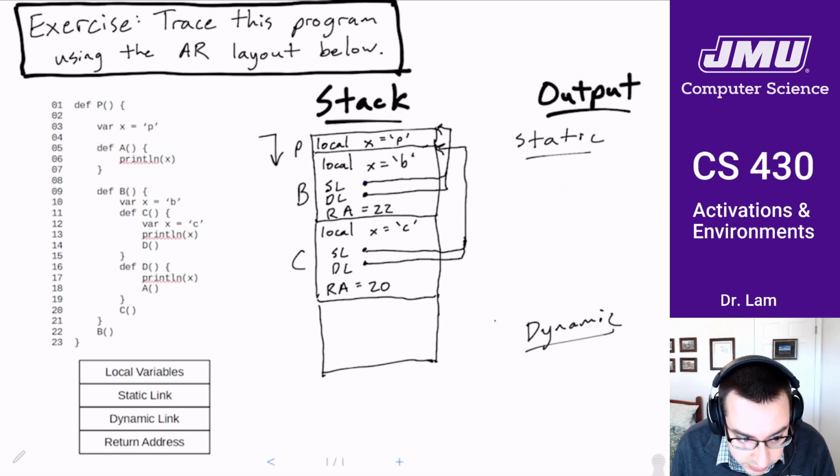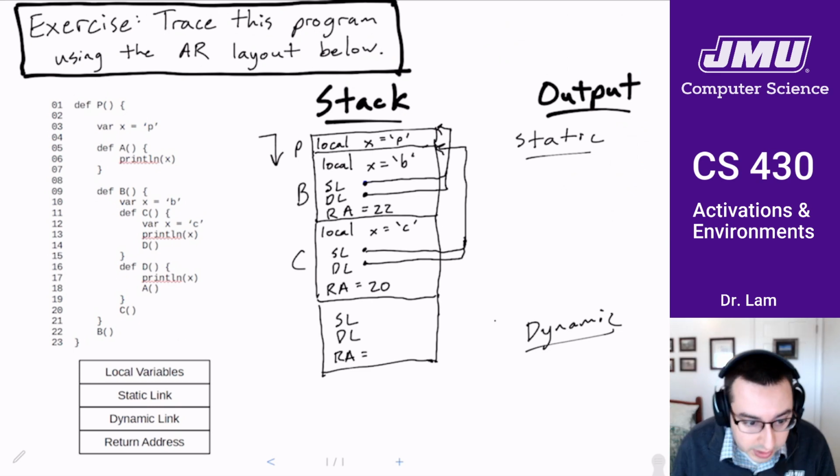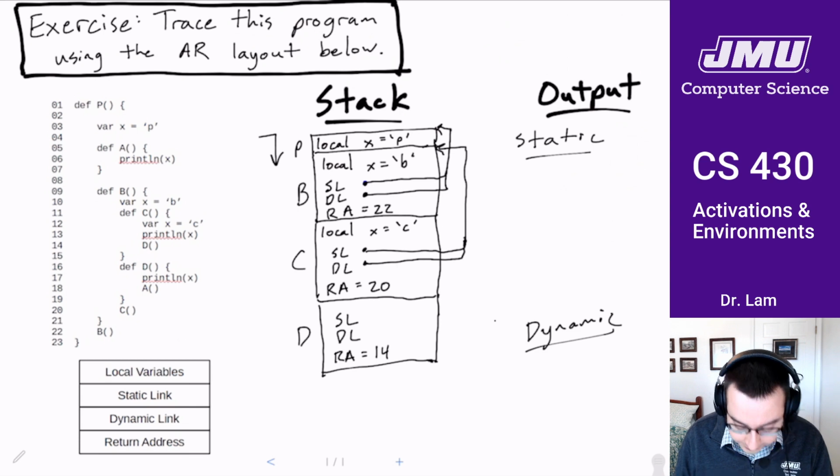For D, we're just going to have a static link, a dynamic link, and a return address. D was called on line 14, so that's where we'll go back to.